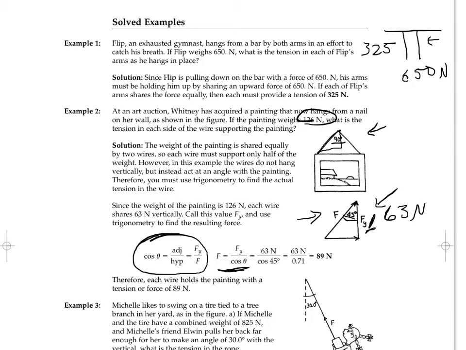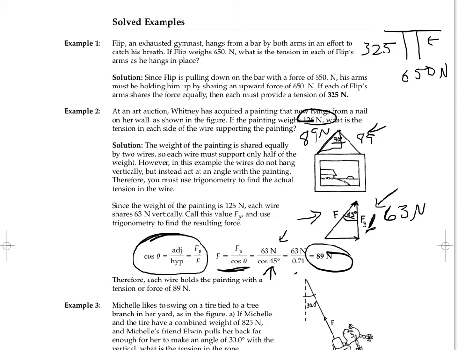My Fy was 63 newtons, and the cosine of 45 degrees comes out to be 0.71. Divided out, you get 89. So on both sides, you have a force of 89 newtons.